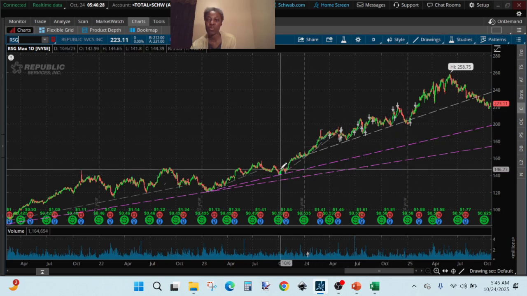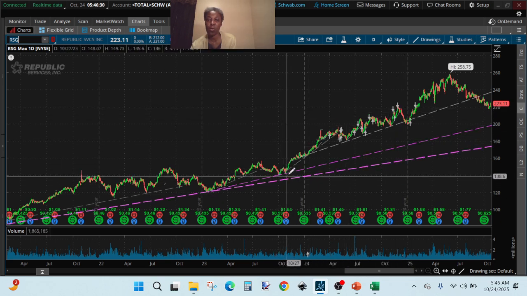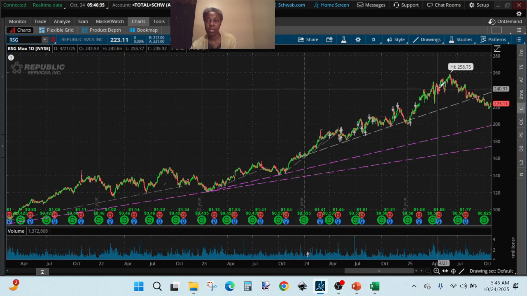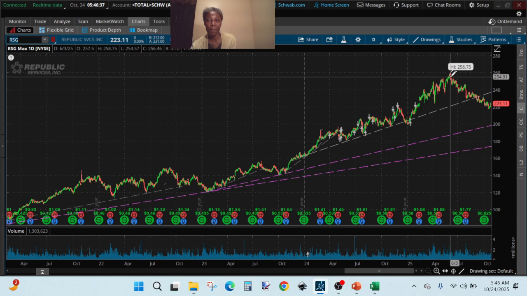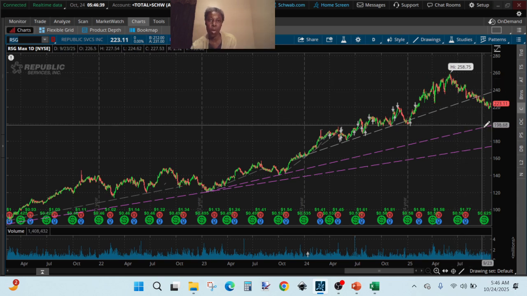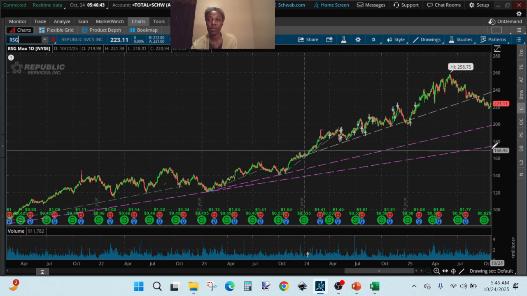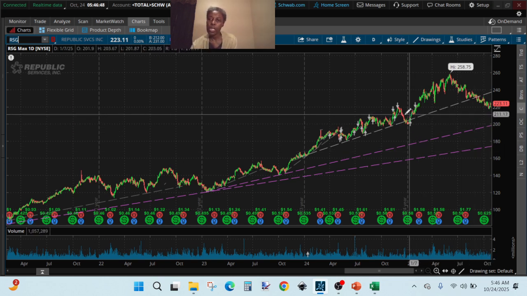Last time it touched base with this support line and went from there was in 2023, and all the way to June 2025 before. So we will see how long it's going to take for that to reach the support line and go up from there.